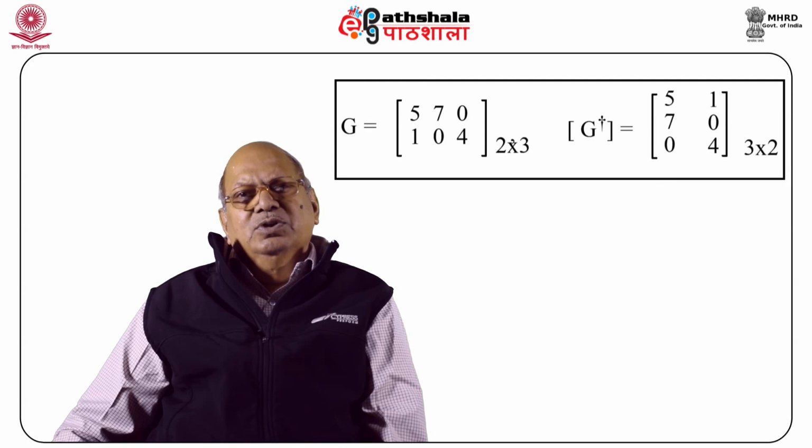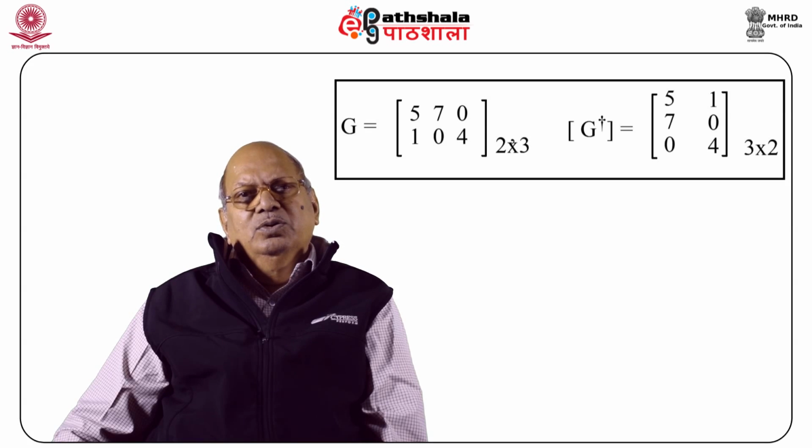Then let us go to the next, transpose of a matrix. The transpose of a matrix G of dimension m by n is denoted by G with this sign. The transpose of a matrix G can be obtained by changing its rows into columns to give G transpose. That is, the rows of the G transpose matrix are the columns of the G matrix, and the rows of the G matrix are the columns of the G transpose matrix.